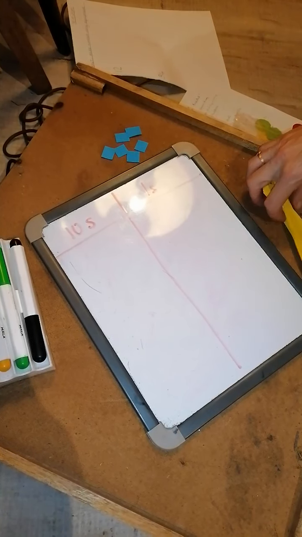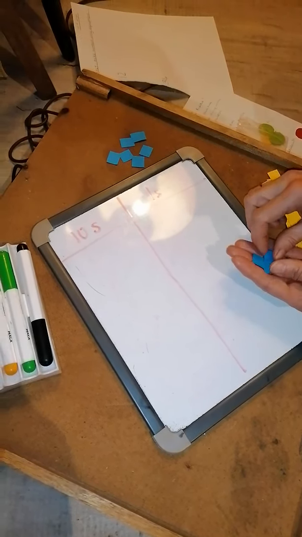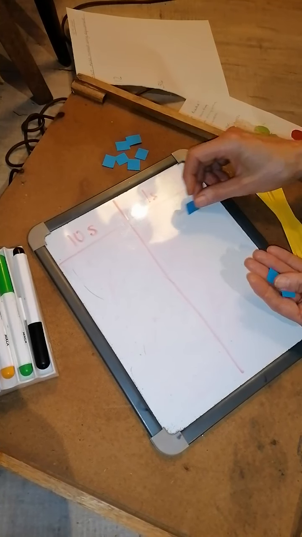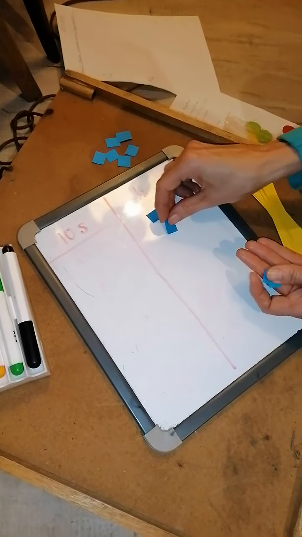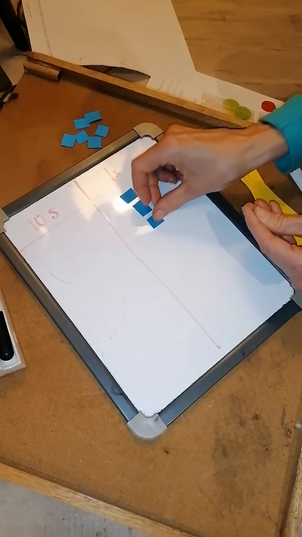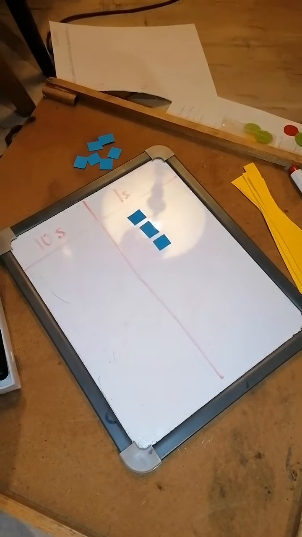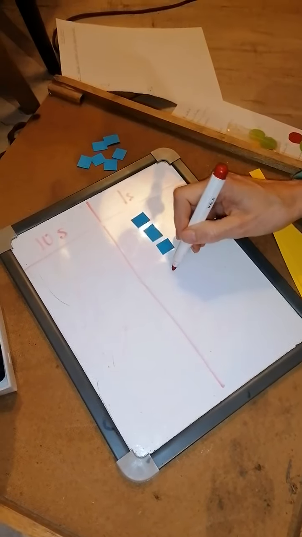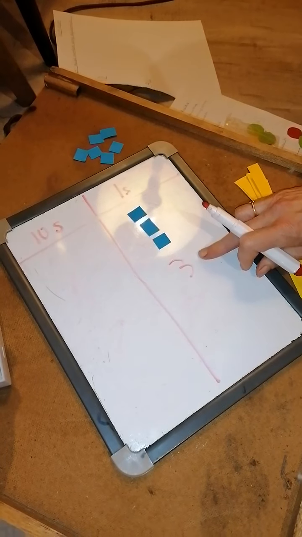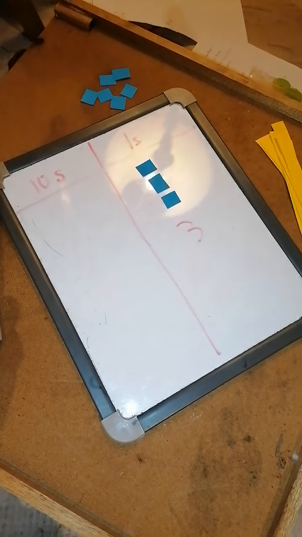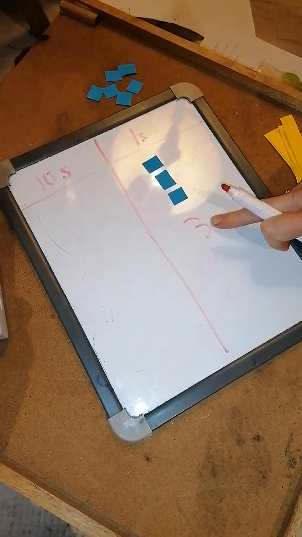Good. So when we've got our ones column, we're going 1, 2, 3. Now, if that's all I had, I would write 3 in my ones column. There wouldn't be anything in my tens column, just 3 here.